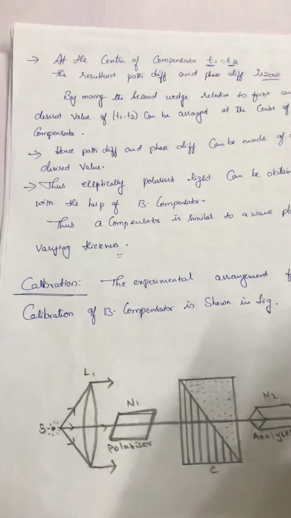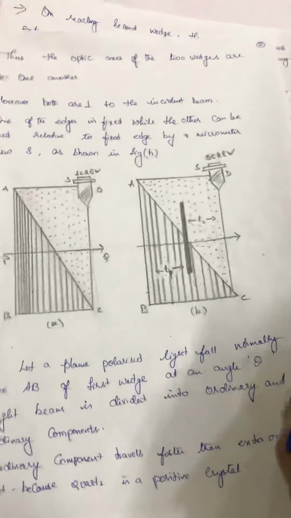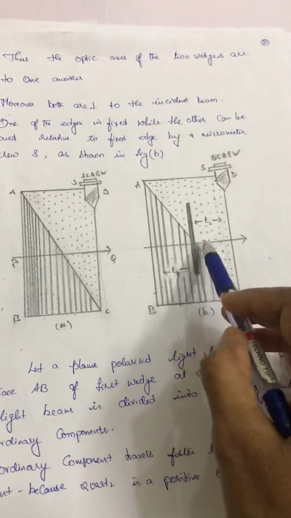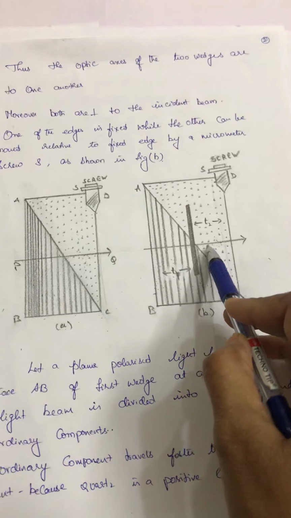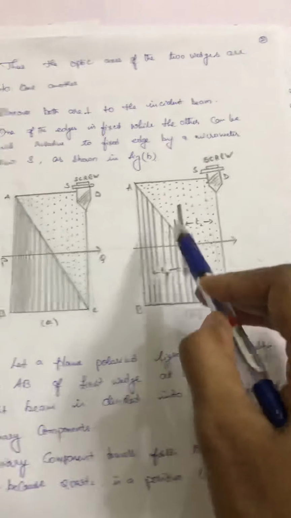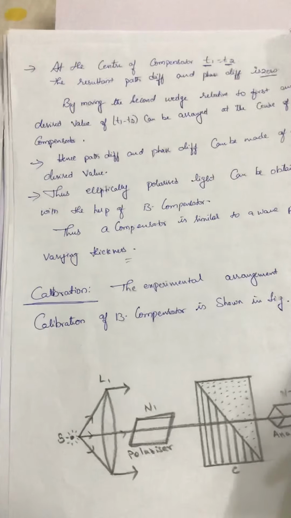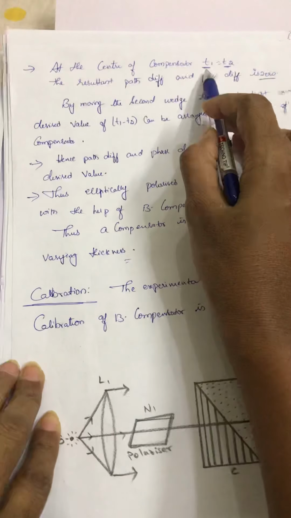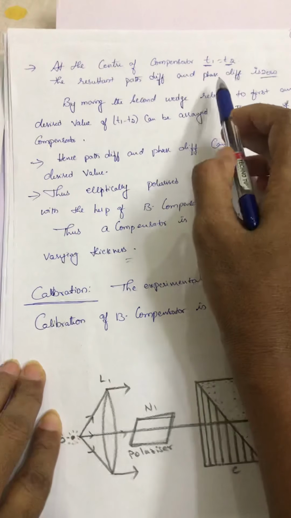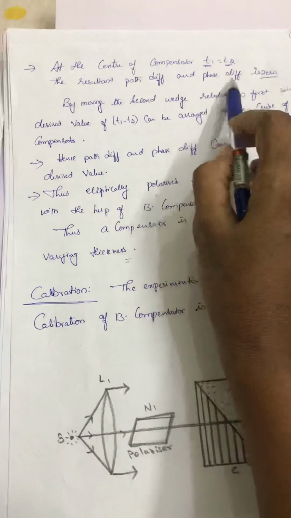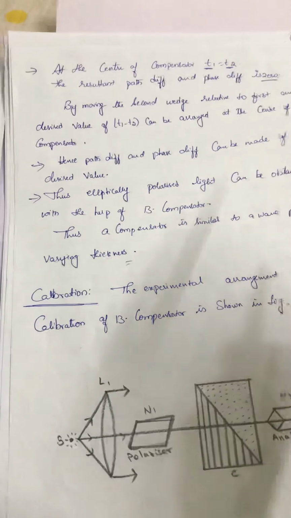Now we already discussed the center of the Barnes compensator. Let us see this figure. At the center, T1 equals T2, meaning at the center of the compensator the path difference and phase difference is 0. Because both are the same, the resultant path difference and phase difference will be 0, right?